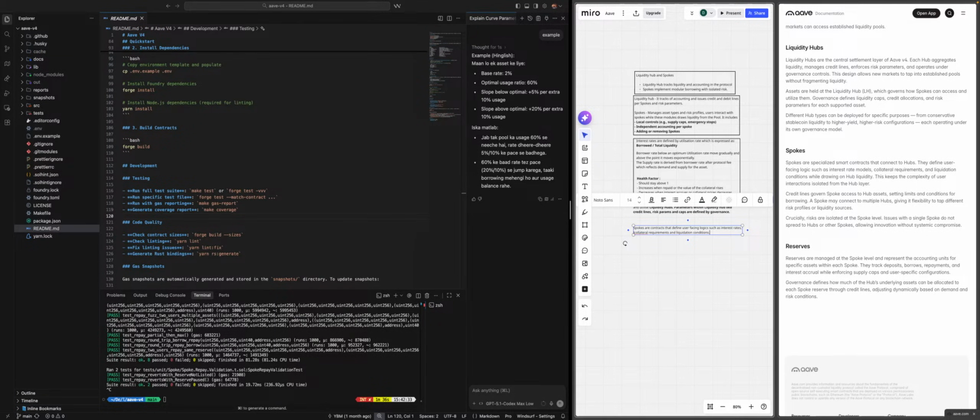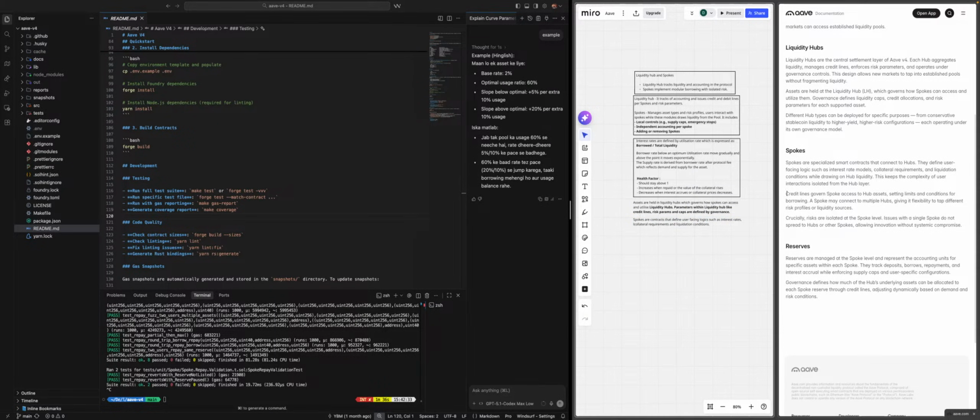This keeps the complexity of user interaction isolated. Okay, which is fair enough, that you have a dedicated section for complicated user logic.